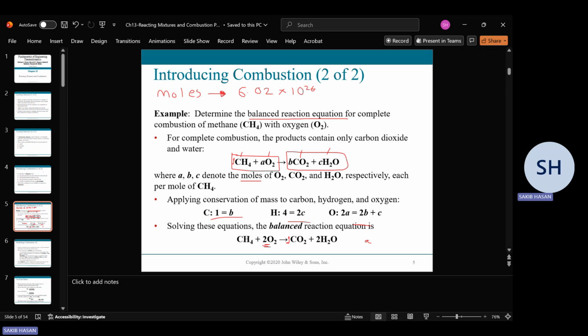It's either 26 or 23. I'm pretty sure it's 10 to the power of 26. So a mole just happens to mean 6.02 times 10 to the power of 26 of something, just like how a dozen just happens to mean 12 of something, right?